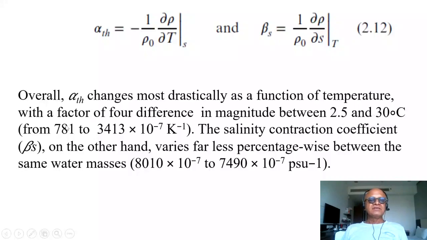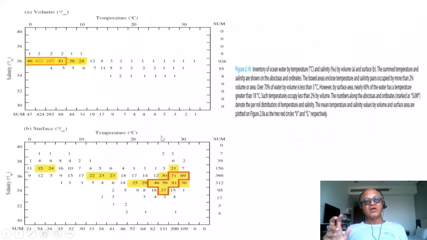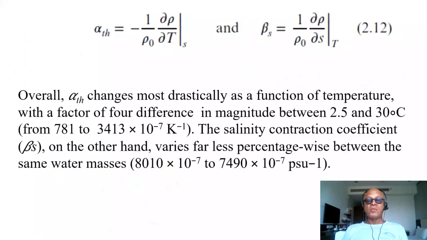So it goes from 781 per Kelvin here, because you are dividing by density, so it's only the temperature, to 13 times 10 to the minus 7. So that explains part of the nonlinearity in the water properties as well. Whereas the salinity contraction coefficient is not that sensitive to water mass changes. Okay, so it varies a little bit, but not that much.